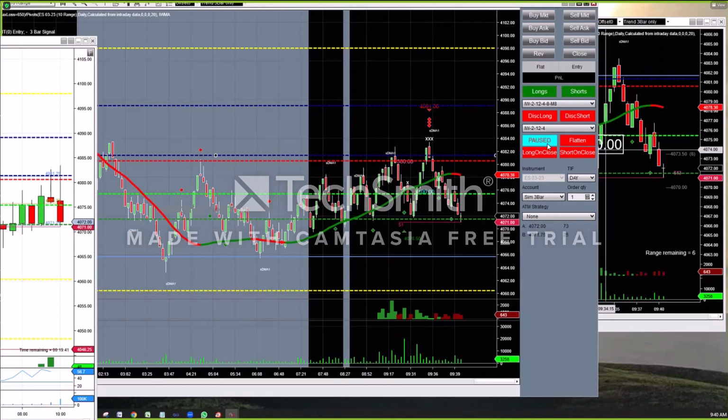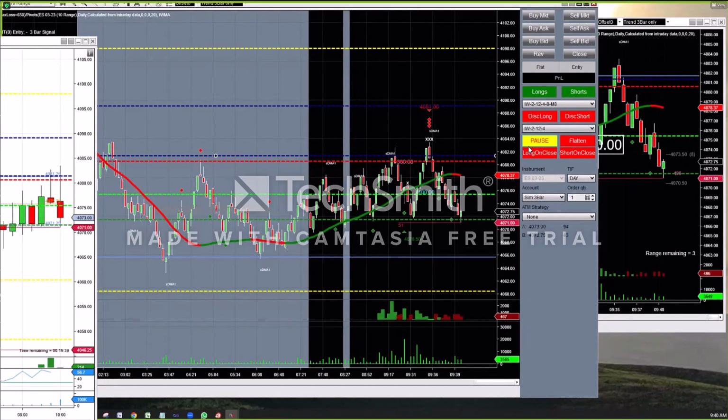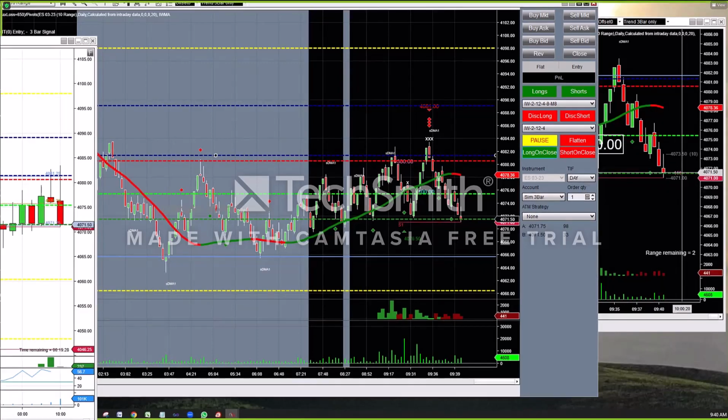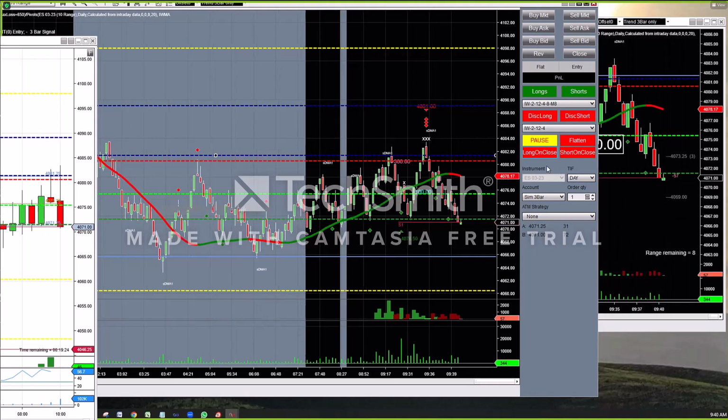You know what? If this closes up, I'll try it long for 4. The delta is kind of negative, but we're still sitting near that line over here. When I see the delta change is when I'll start thinking, okay, maybe I'll take the trade.